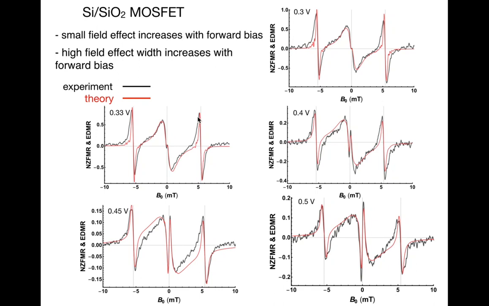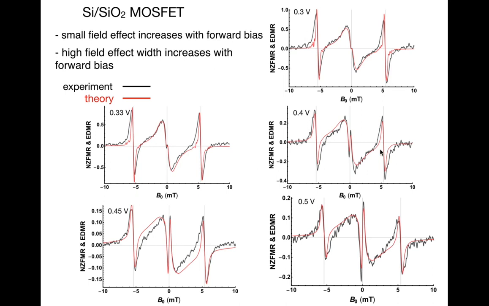Again, a lot of it's just simple computational time restrictions on trying to improve the agreement between data and theory here. So here's various forward biases between 0.3 and 0.5 volts, and as you increase this forward bias, you start seeing a much larger increase in this small field effect.